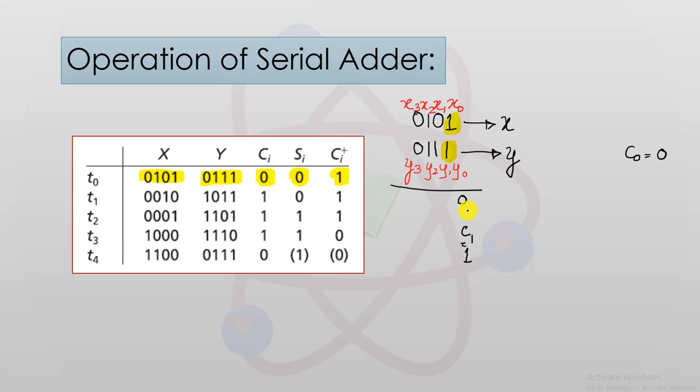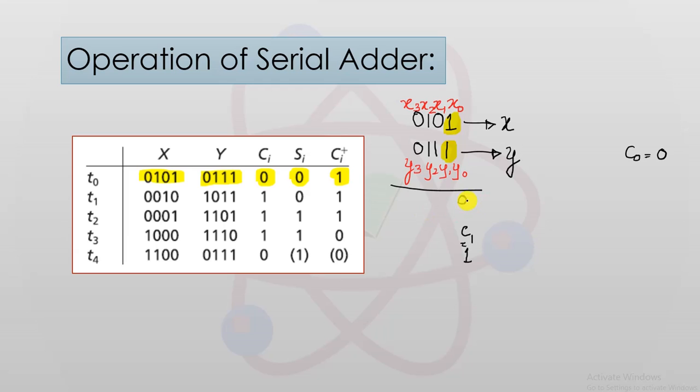Now next, what I will do is rotate the sum, that is this particular sum that I just obtained, into the accumulator. The content of the accumulator, this is nothing but S0 that I just obtained.